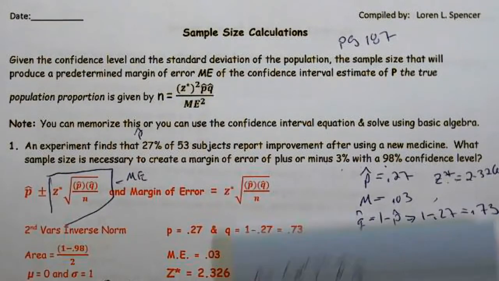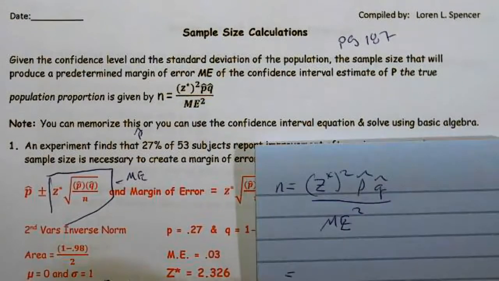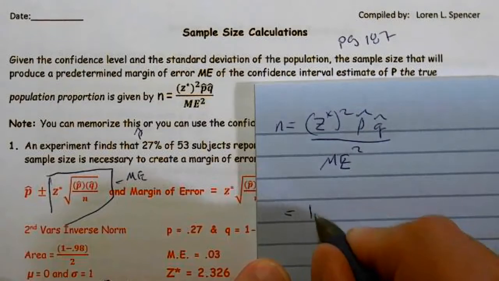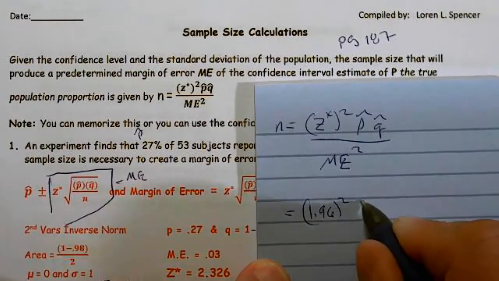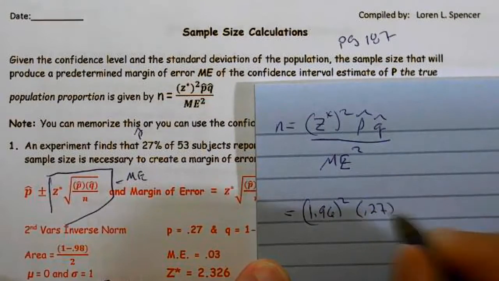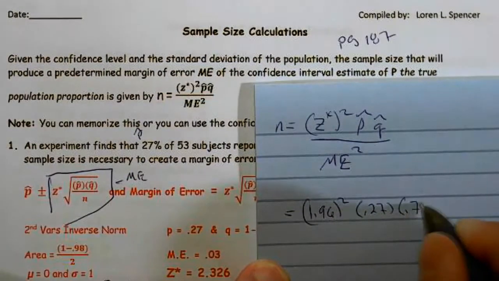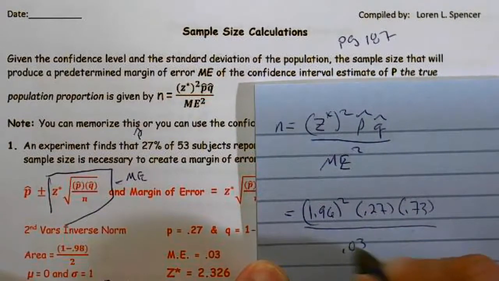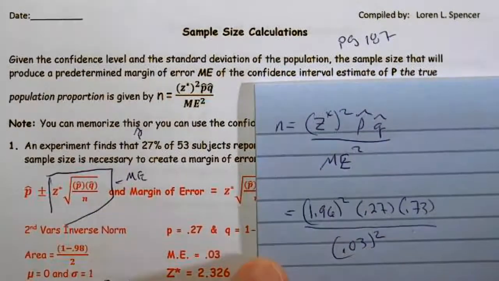Plugging in, 1.96 squared times P hat 0.27 times 0.73 over 0.03 squared. So here we go.